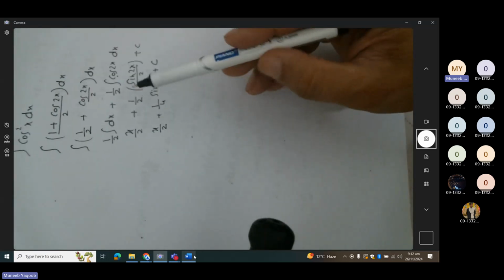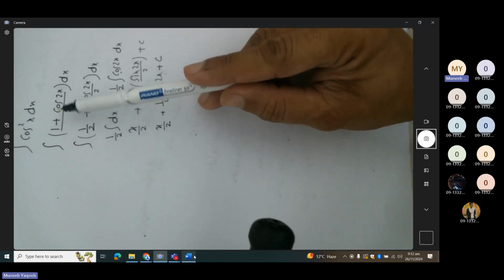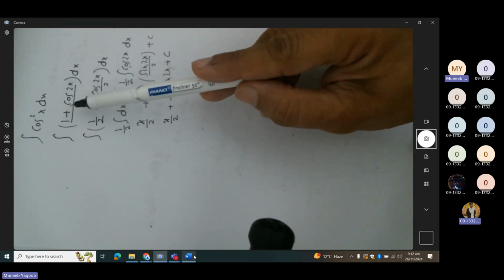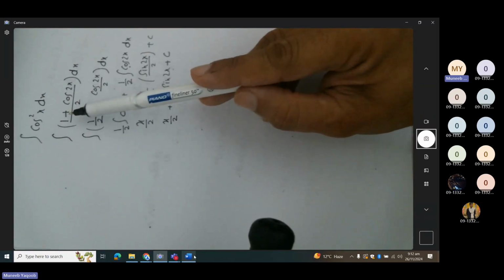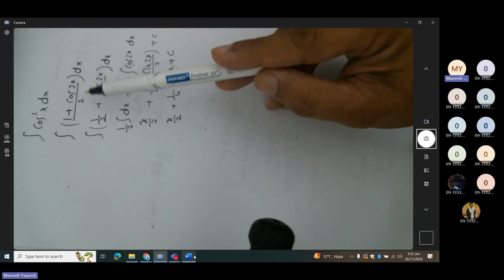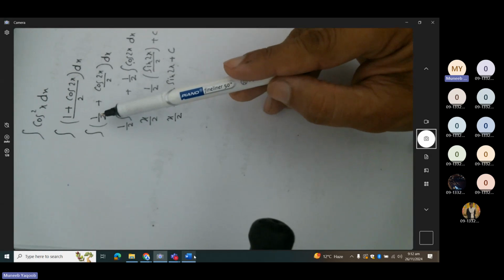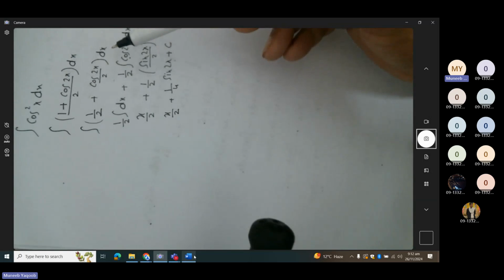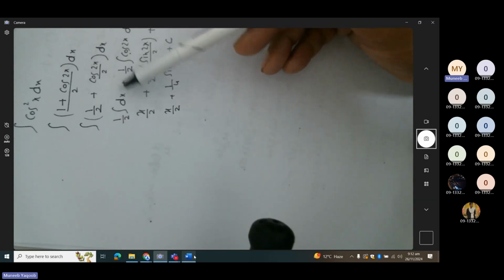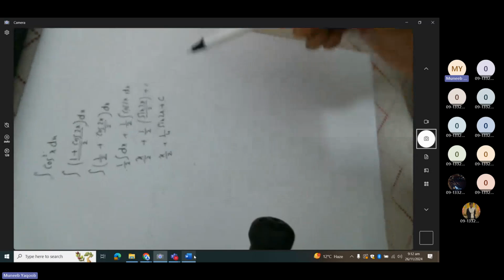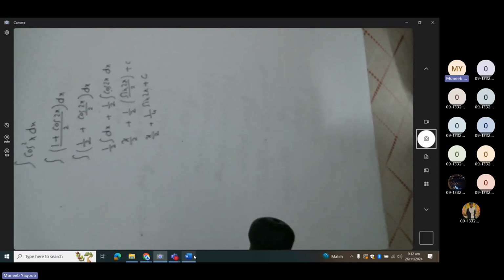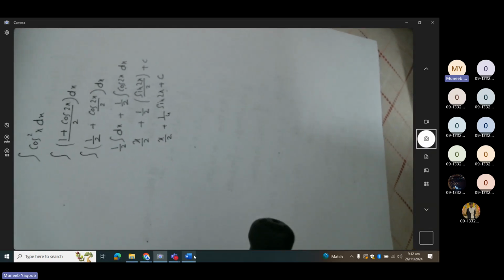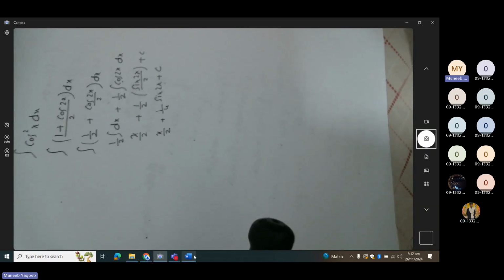Again, we saw that using a basic trigonometric identity, we made the integral of cos square x a bit easier, because when we used this identity, everything became a basic function. Integration of a basic function can easily be done using a basic formula, like integral of cos x is sin x or integral dx is x. Whenever we use substitution, whether trigonometric or some other substitution, the integral becomes easier for us.